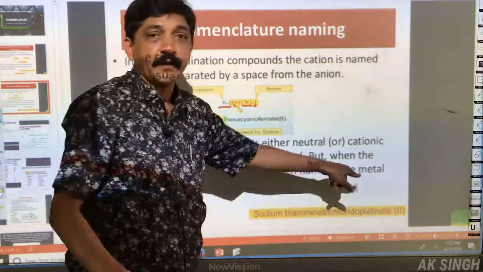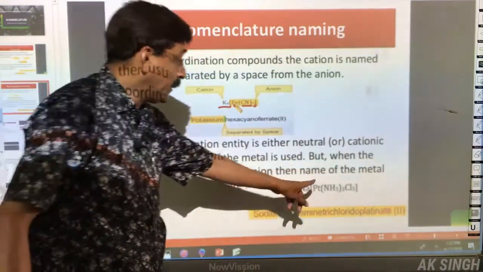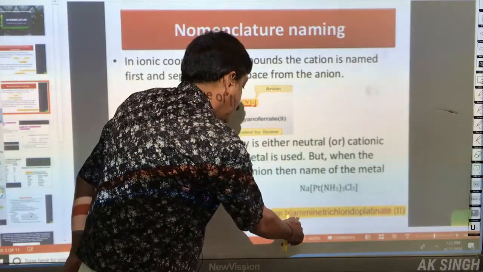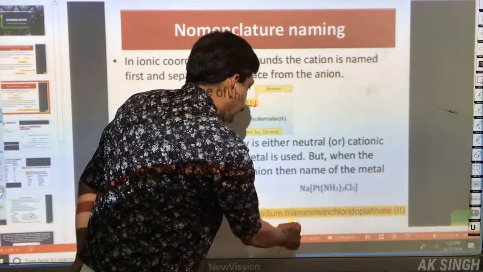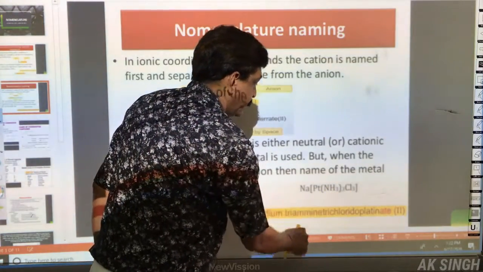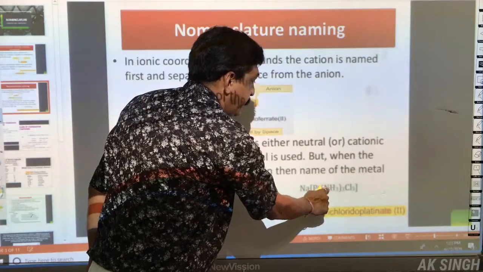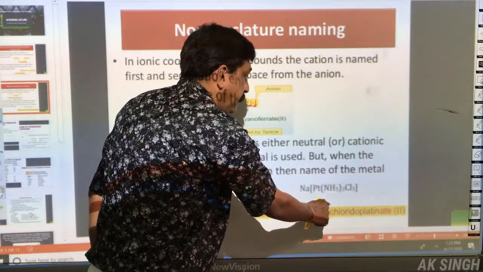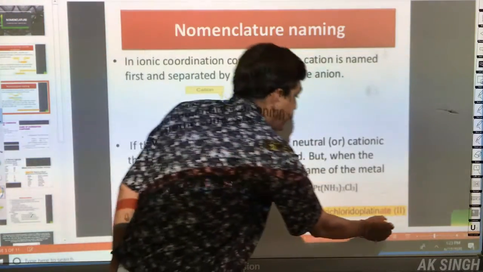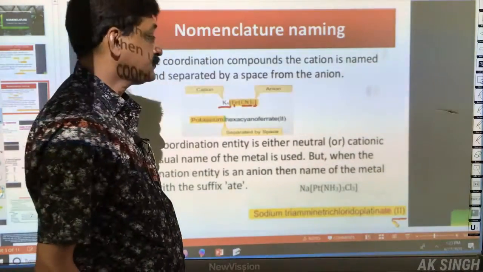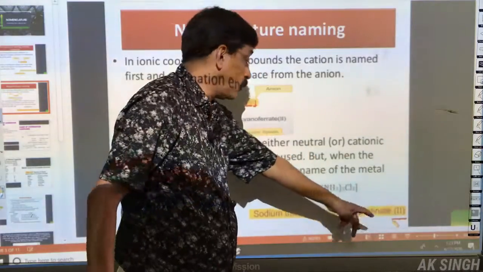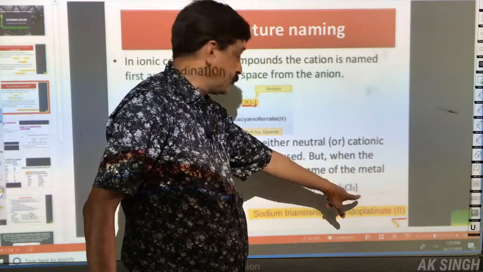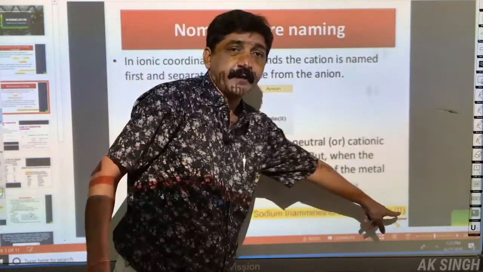So out of ammine and chlorido, we have to name ammine first of all because A comes prior to C. Triammine, trichlorido. Sodium triamminetrichloridoplatinate, and then the oxidation number 2. Why is it 2? The ammine is neutral, Cl is minus 1 into 3, this is plus 1, so it comes out to be 2.